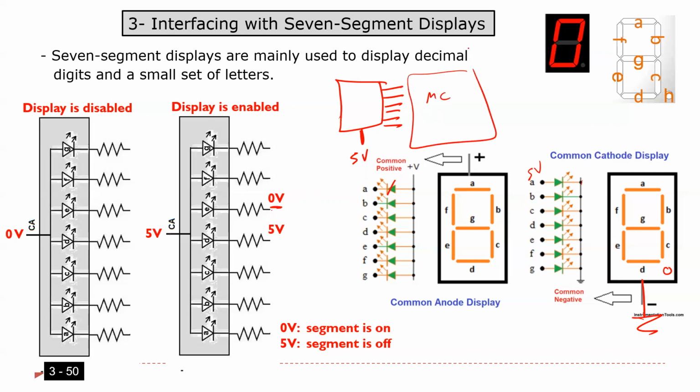If you want to turn any segment on, you have to put 0 volt. If you want to turn it off, you have to put 5 volt. Is that okay?